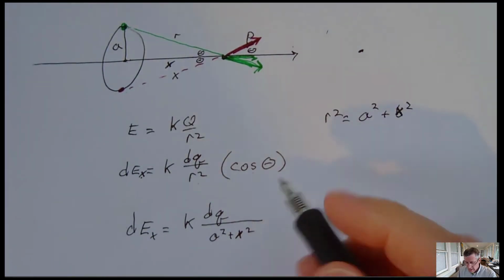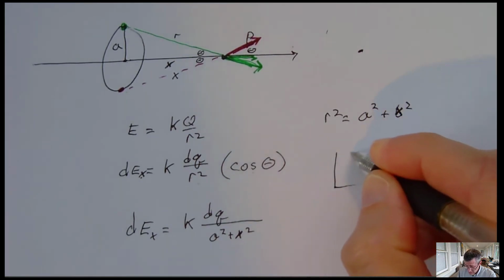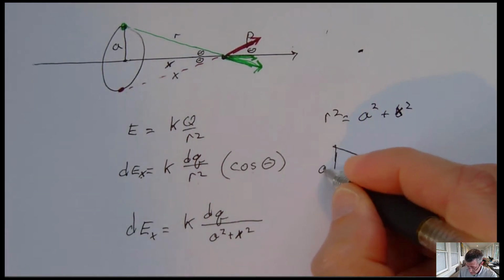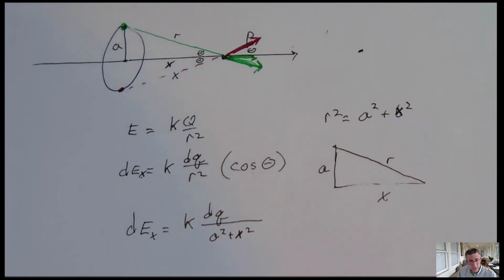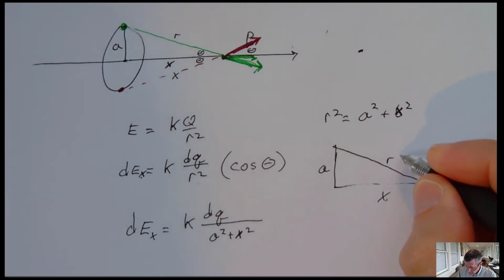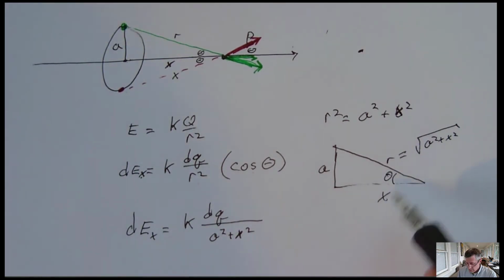Second thing is my cosine function. I need to get that in terms of x because it's going to change. Here I have a, x, and r. But r is going to be equal to the square root of a squared plus x squared. And this is my angle. Remember, cosine is going to be adjacent divided by my hypotenuse.